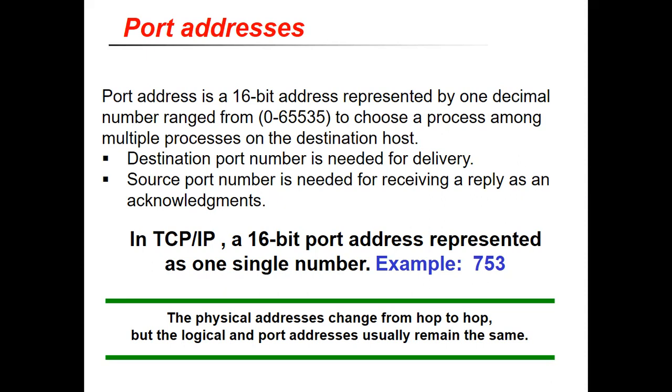In TCP/IP, a 16-bit port address is represented as one single number, for example 753. The physical address changes from hop to hop, but the logical address and port address usually remain the same.